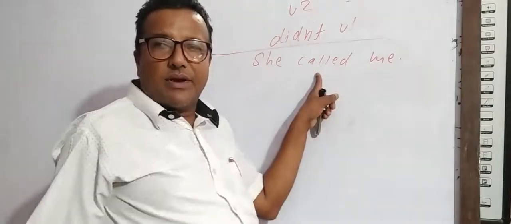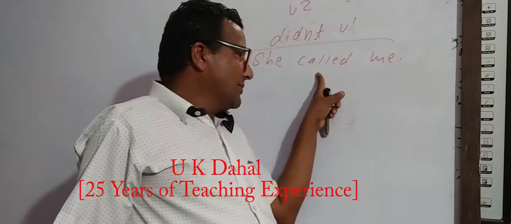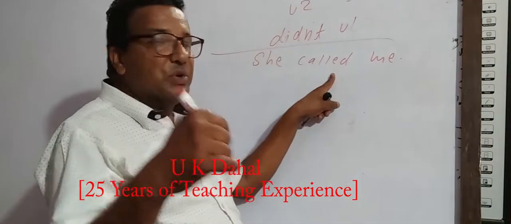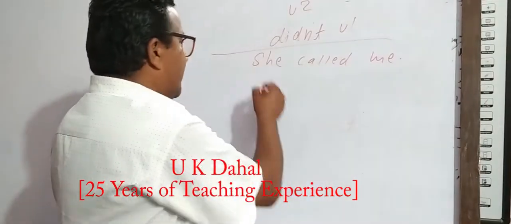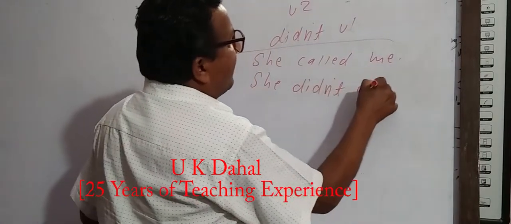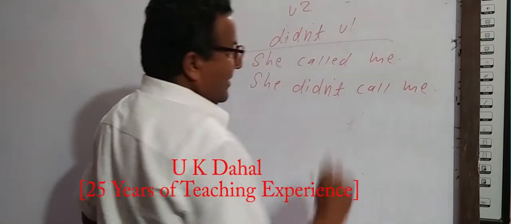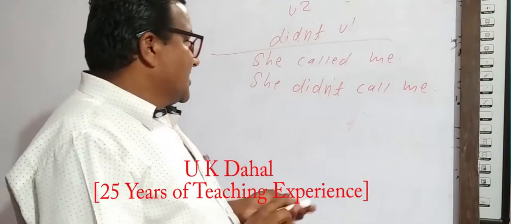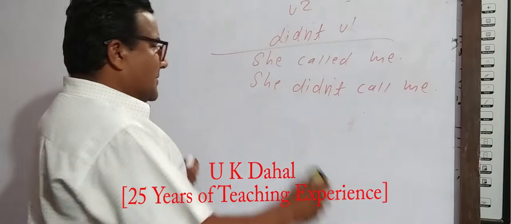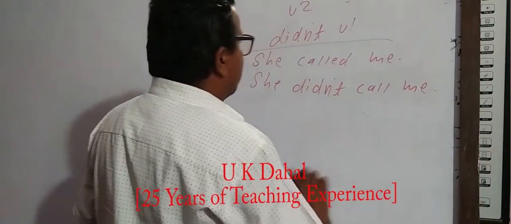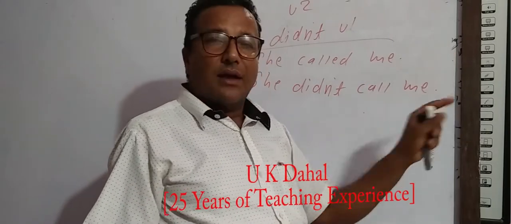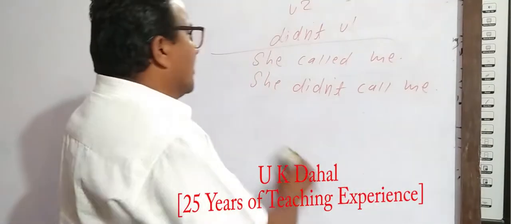There is no auxiliary verb, the verb form is V2, so we have to use didn't V1. She didn't call me. And the simple rules for the structure of the 12 branches of the tense are finished.